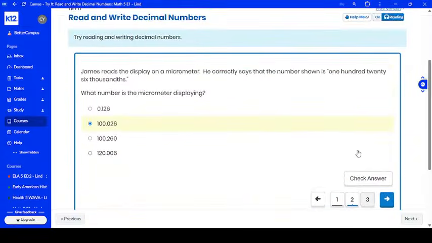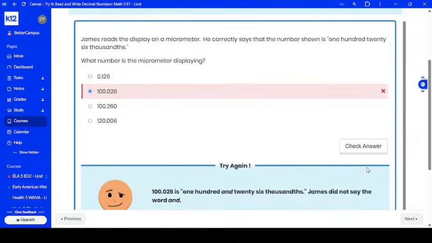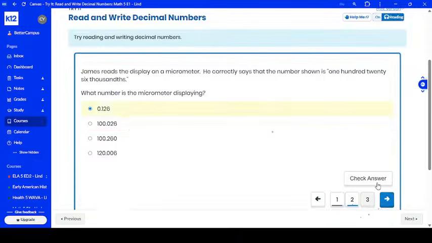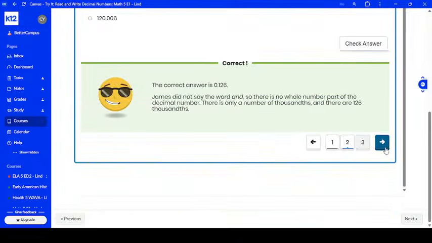What is the answer? 126 thousandths. B is the answer. It's already there, so just wait. No, I mean 126 thousandths. That's what I mean.